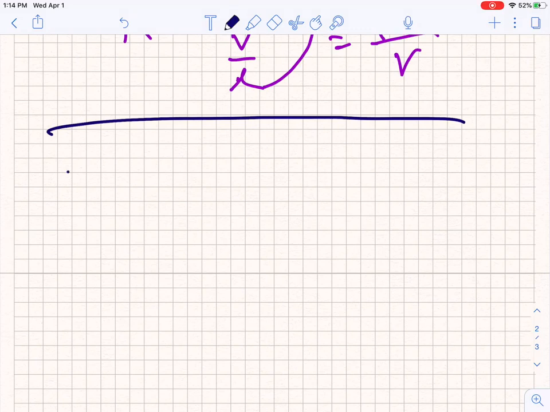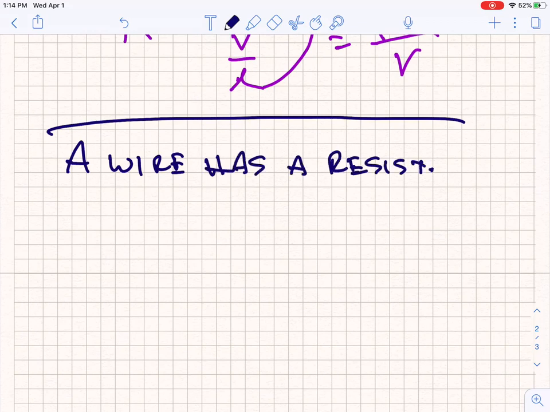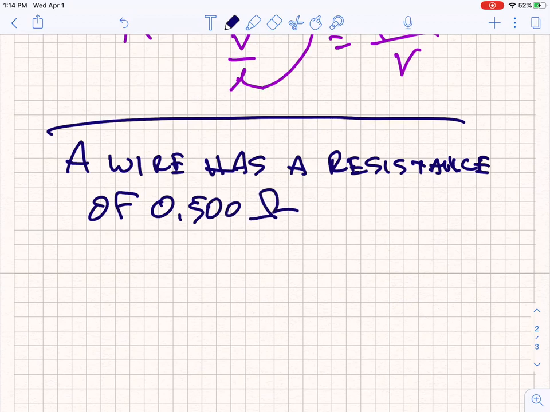So let's say that you're told that a wire has a resistance of 0.5 ohms.